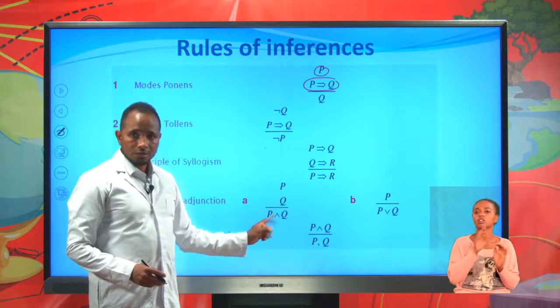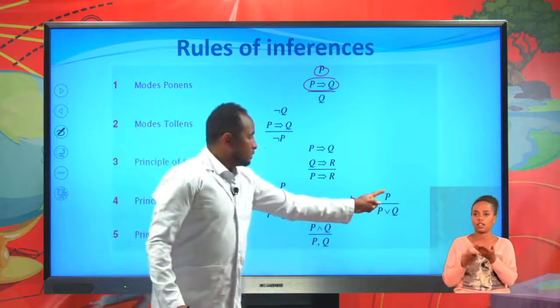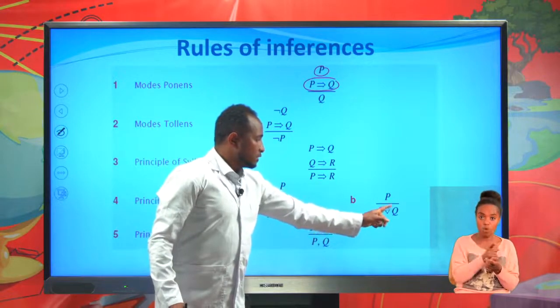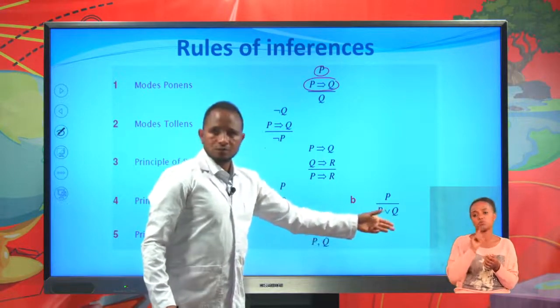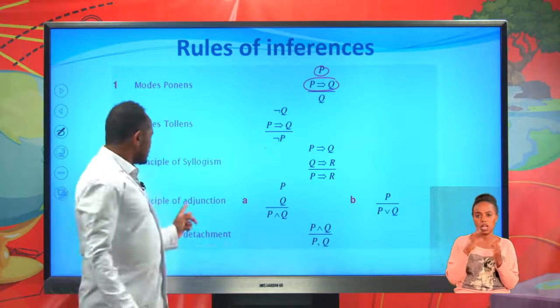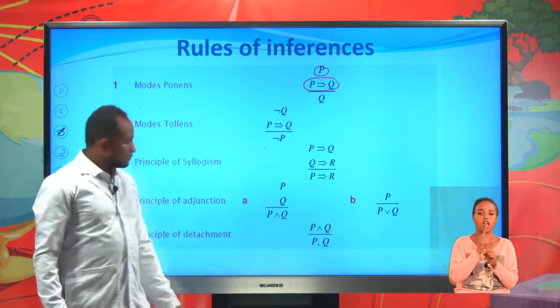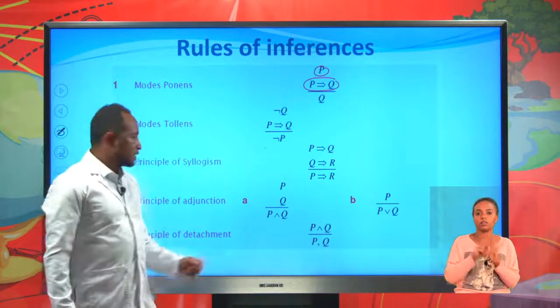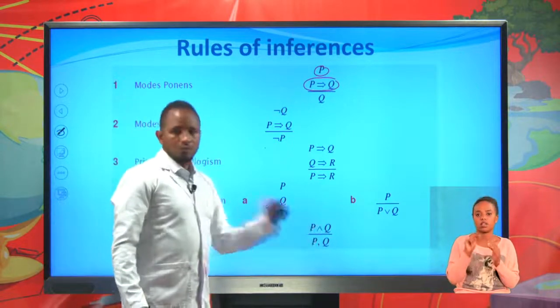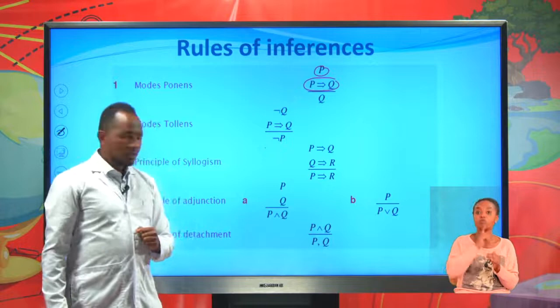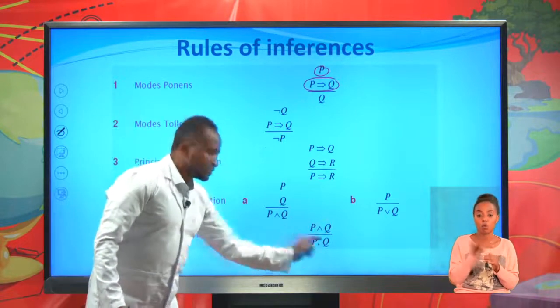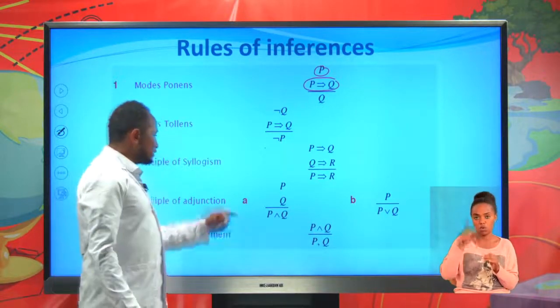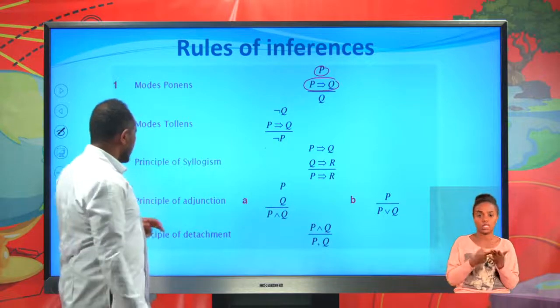It's valid. Here, if P is true, therefore whatever Q is, P or Q is true. It's valid. Now here, the principle of detachment. If P and Q is true, both P and Q must be true. That's it.